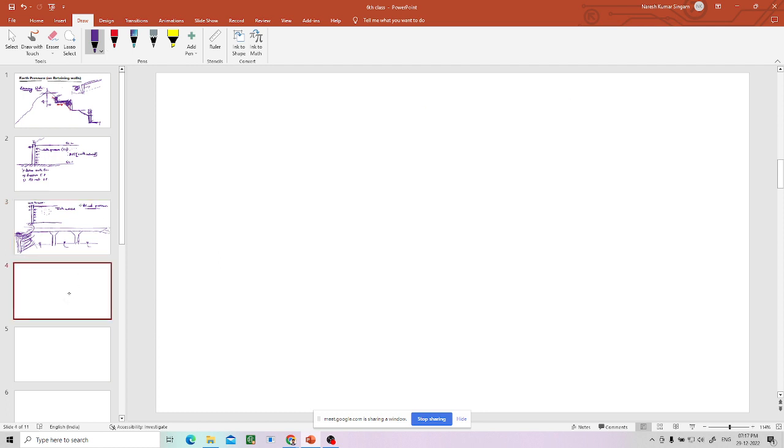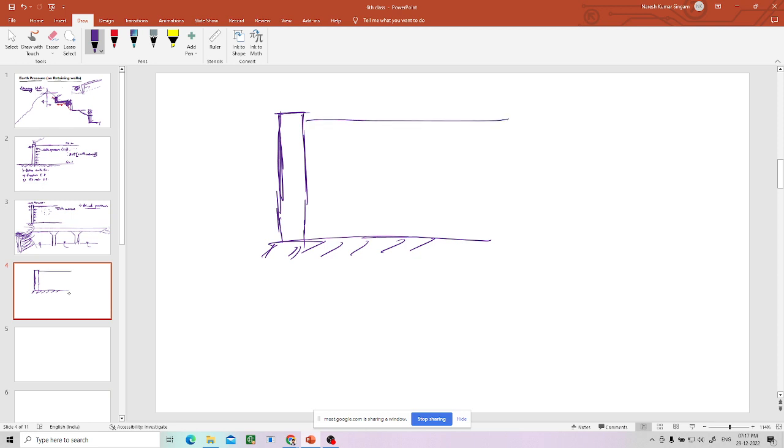Now I will tell you what the another condition is. There is always some permissible limit when you design. Suppose this is the retaining wall, and this is some earth material.